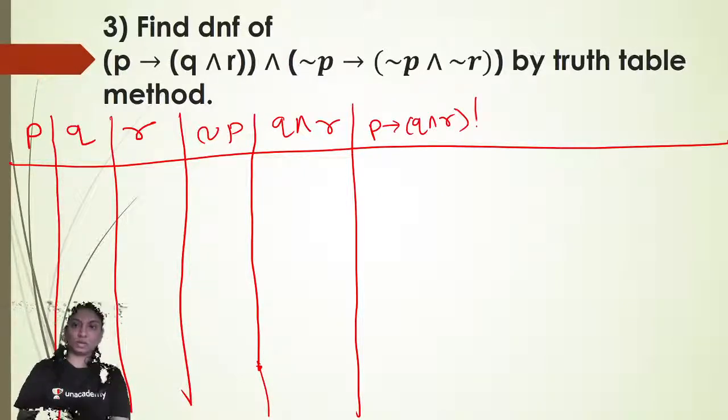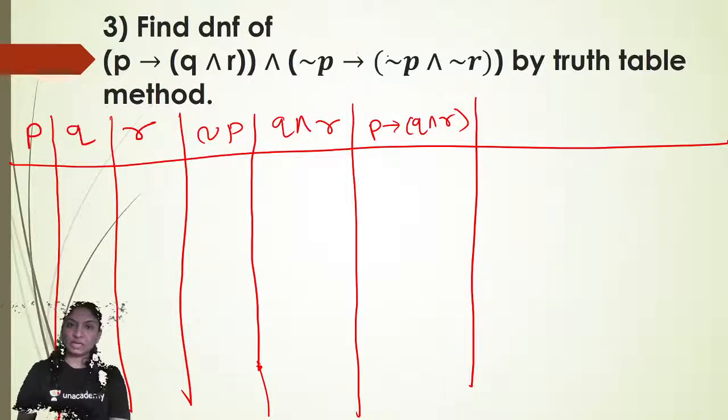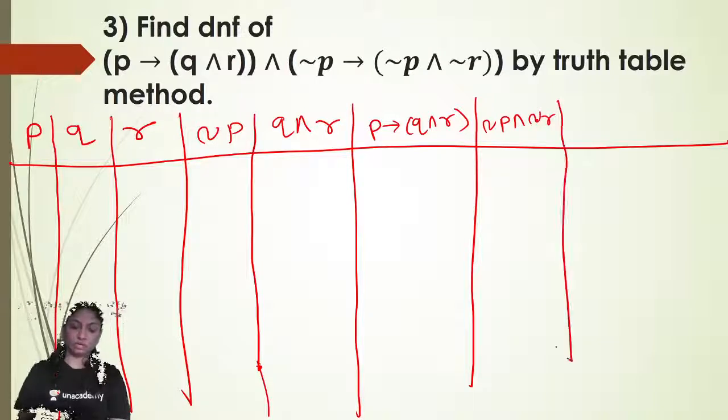Then we require negation of P and negation of R. Then negation of P implies negation of.